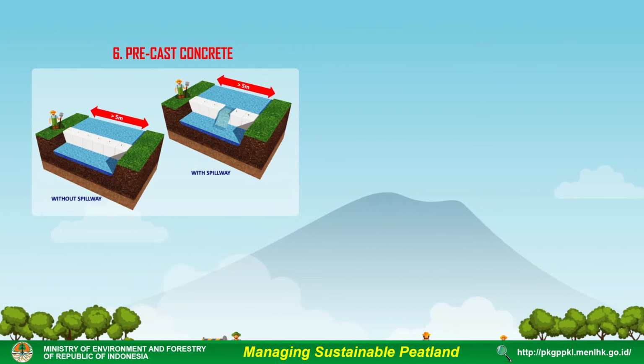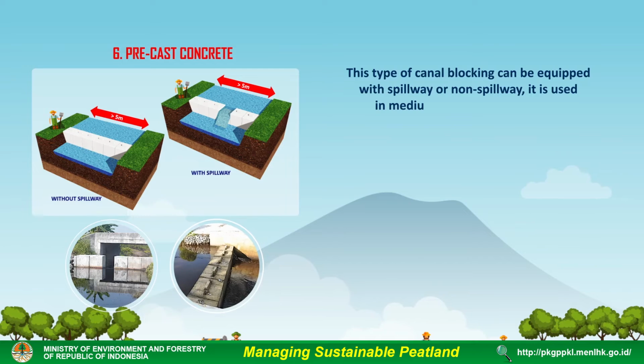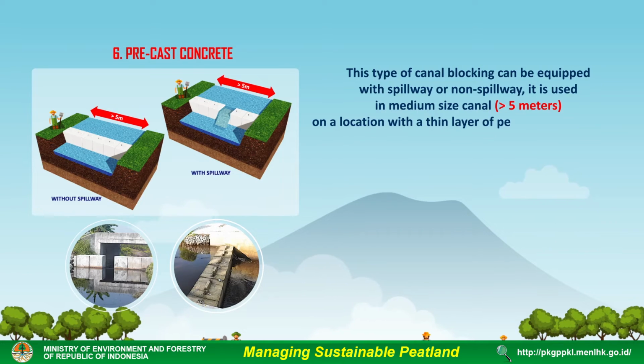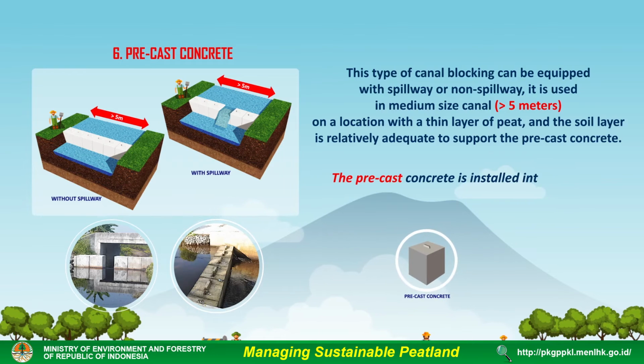Precast concrete. This type of canal blocking can be equipped with spillway or non-spillway. It is used in medium-sized canals, more than 5 meters, on a location with a thin layer of peat, and the soil layer is relatively adequate to support the precast concrete. The precast concrete is installed into the canal.